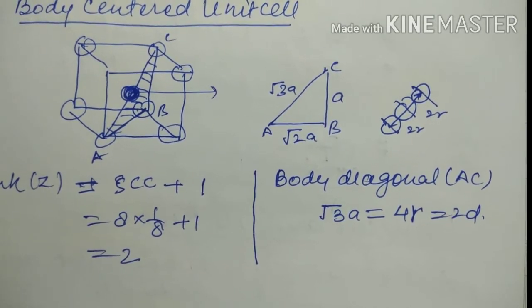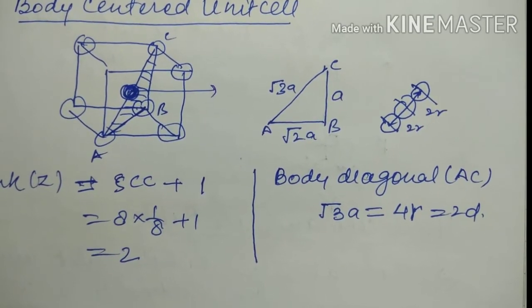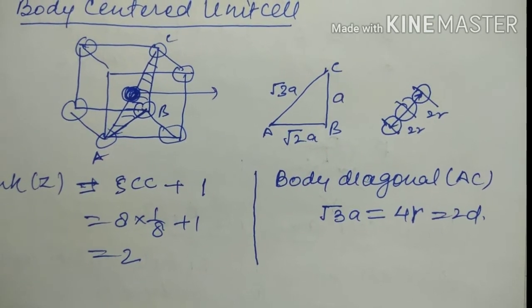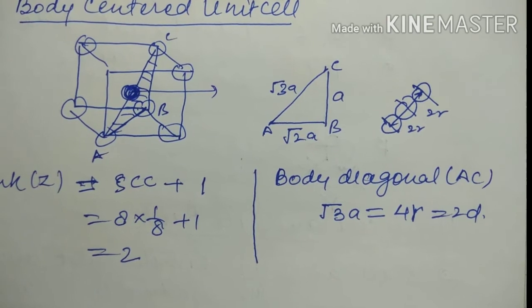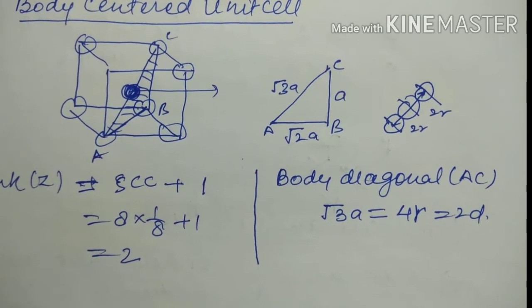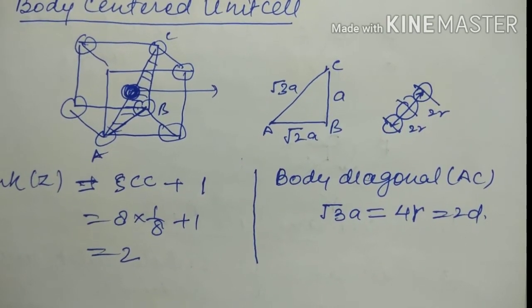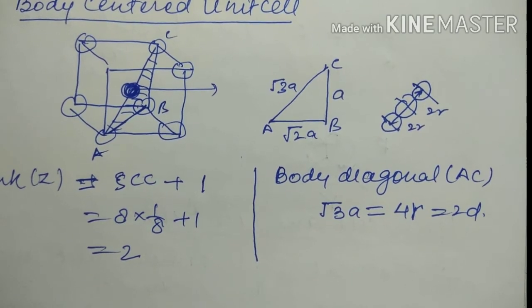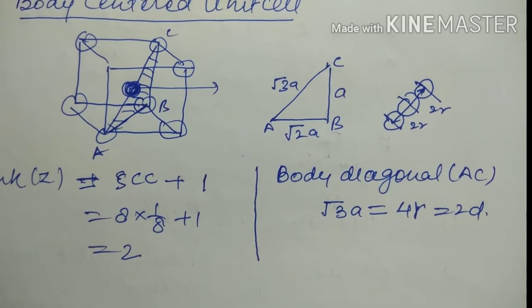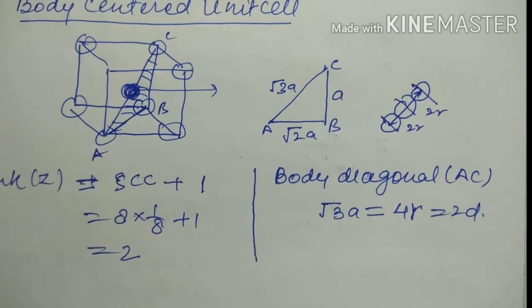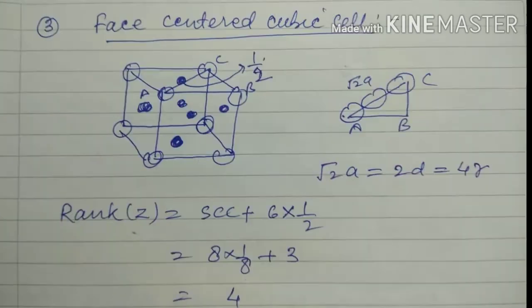AC has 3 atoms, so root 3A is equal to 4R, means 4 radii of atoms, 2R plus 2R, and distance is 2D. So this is the relationship between edge length, radii and distance in a body centered unit shell.